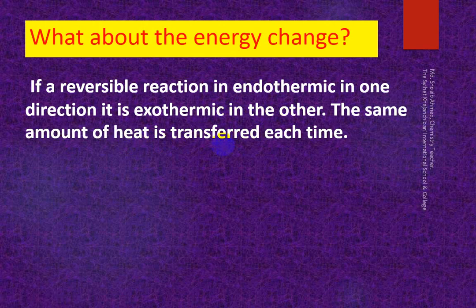If the forward reaction is exothermic, the backward reaction will be endothermic. The same amount of heat is transferred each time, so the net amount of energy will have no change. Energy change will remain the same.